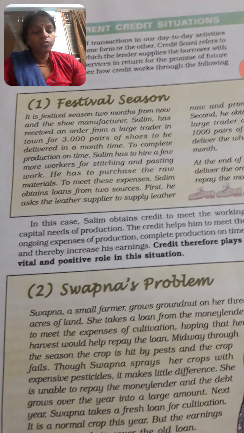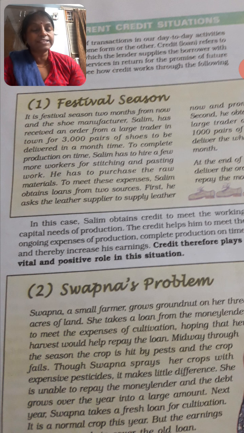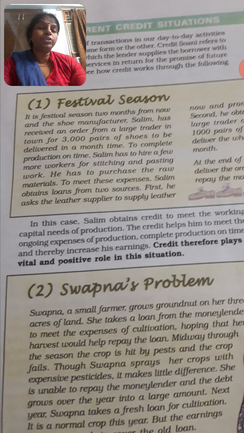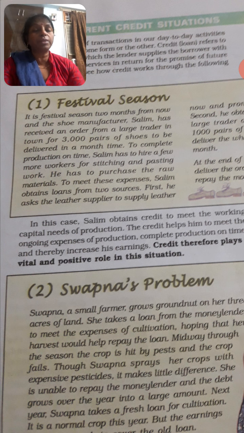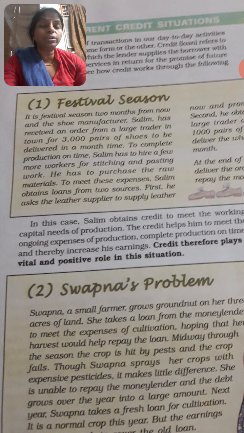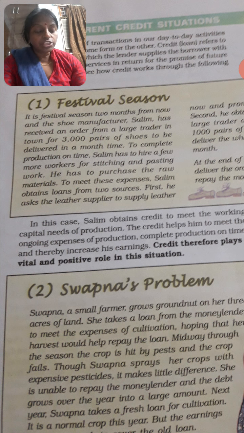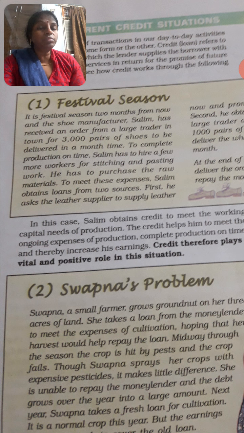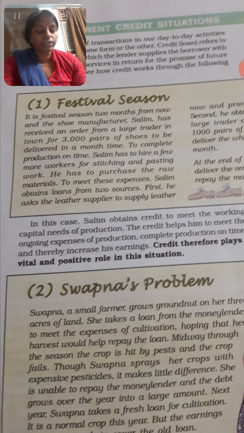She takes a loan from the money lender to meet the expenses or the inputs for the production that she wanted to do on her small farm. We know that for any agriculture purpose, if a farmer gets a loan, he promises to repay after the harvest. So here also Sapna promised that she will repay the loan after the harvest of the crop.